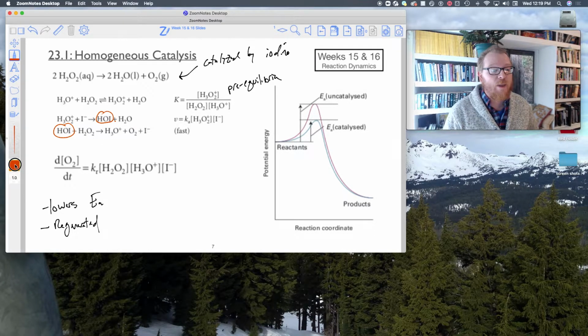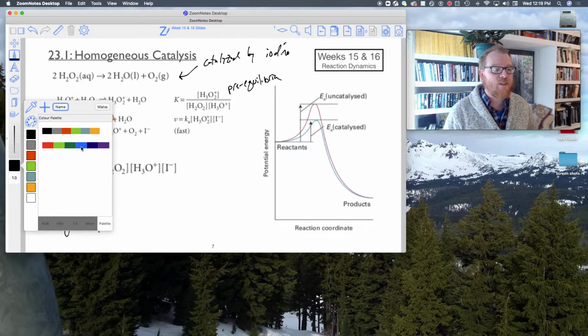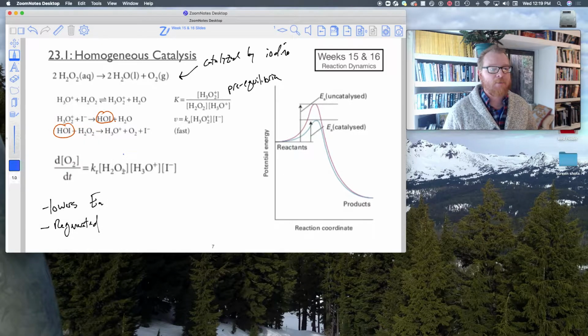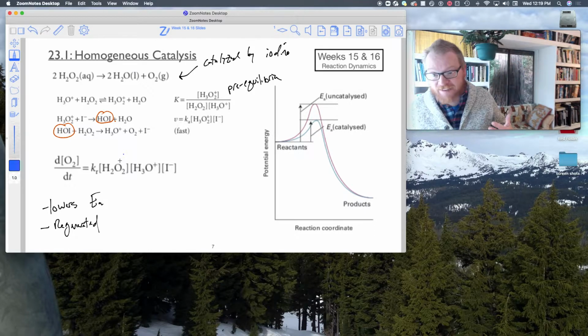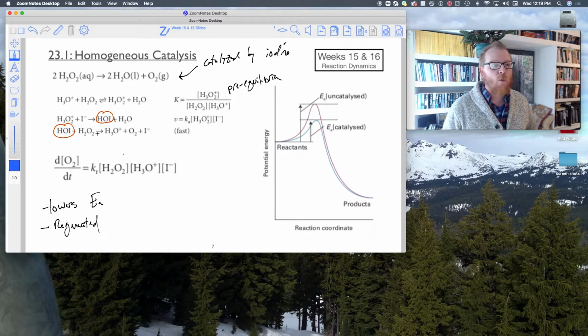So in fact, not only is this reaction catalyzed by iodine, but it can also be catalyzed by acid as well. Okay, so we can see the intermediate appears as a product and disappears as a reactant.